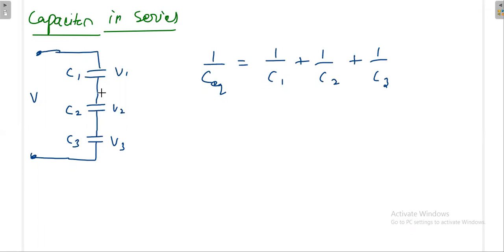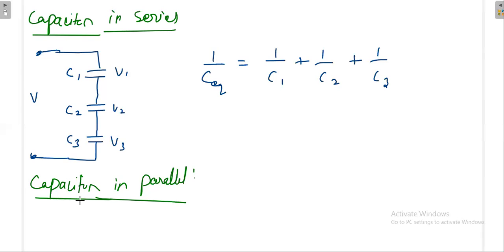Whenever it is in series combination, it is like the resistors are in parallel. Something opposite you can remember. With the formula also you can prove it, no problem, or otherwise simply you can remember. If the capacitors are in parallel, I write two capacitors. Once capacitors are in parallel, the voltage will not change, but the current will change.